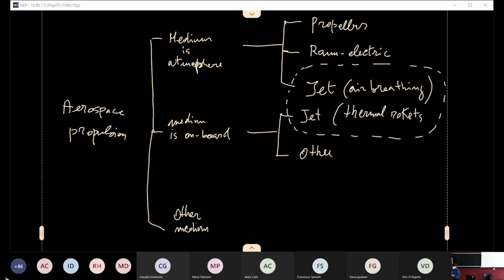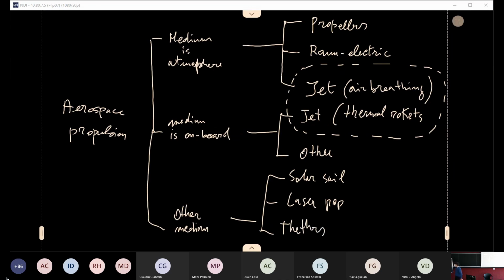Then we have these other media that in reality are something different from the usual concept that we have of rockets, and here we have solar sails, tether, laser propulsion, or, as I mentioned, tether.